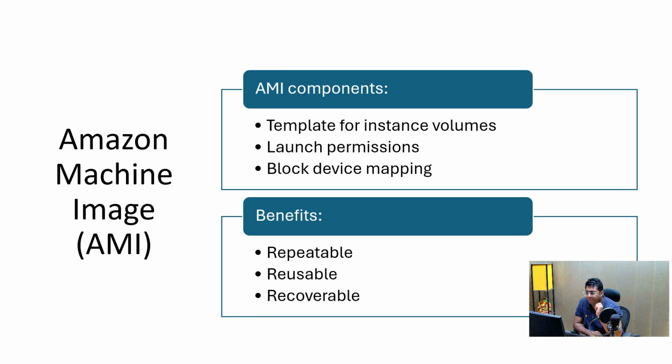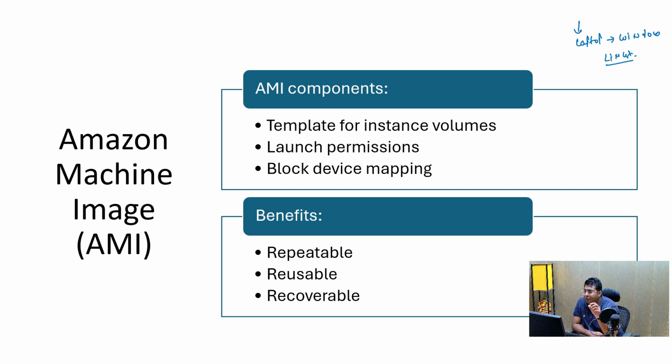Next is AMI. What is AMI? It's a very fancy keyword, Amazon Machine Image. Amazon Machine Image is a pre-configured template that we use to launch EC2. For an example, when you're going to buy a laptop, simple, right? You say, hey, I'm looking for Windows operating system. I'm looking for Linux operating system, right?